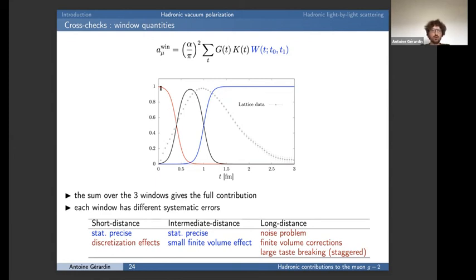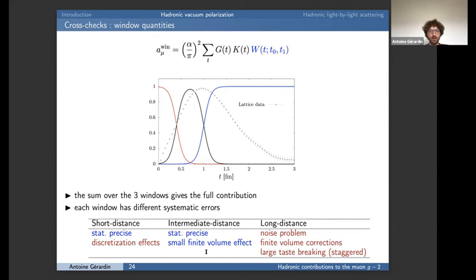Now, the idea behind this is that in the short distance window, basically it will be statistically very precise because the data here are very precise, but it will be affected by relatively large discretization effects. Now, at long distances, you are affected by the noise problem at large time, and also by large finite volume corrections, and for staggered quarks, also by what are called taste breaking effects. But if you look at the intermediate distance window, we have a very good statistical precision and also small systematic effects.